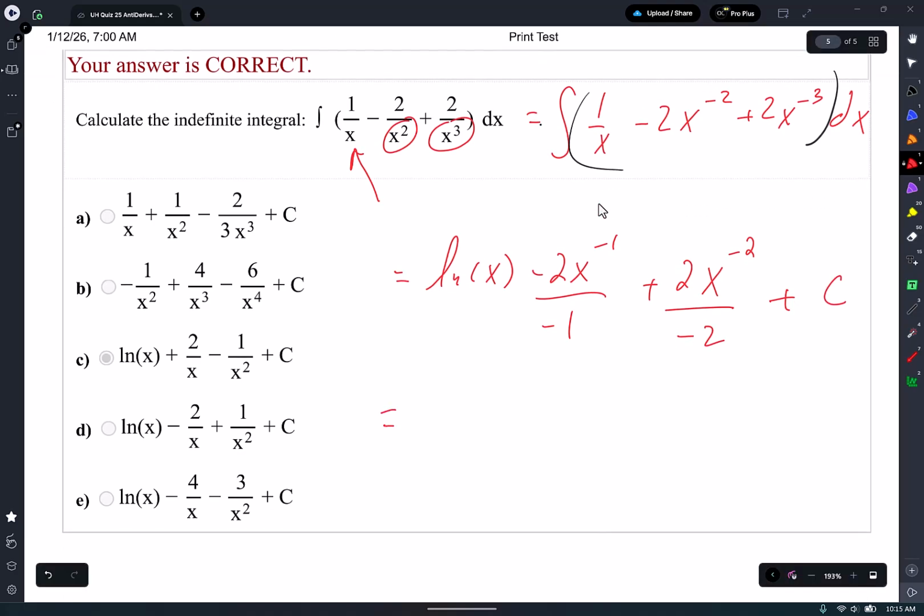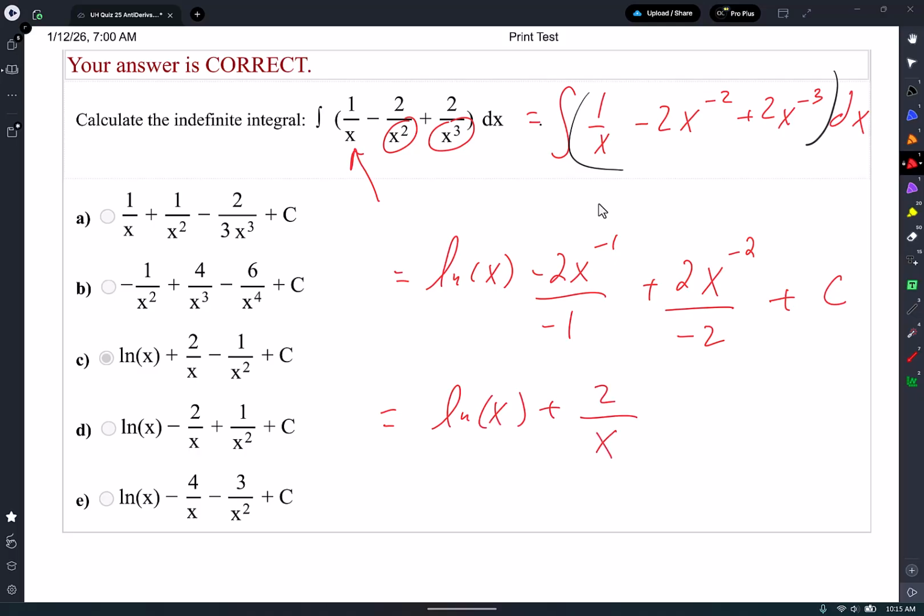So let's see what this is. ln of x, negative divided by negative, plus 2 over x. So that brought that x to the negative 1 down. Positive divided by negative, so minus, x to the negative 2, bring it down, 1 over x squared. The 2's cancel out. Plus c. Is that answer in there?